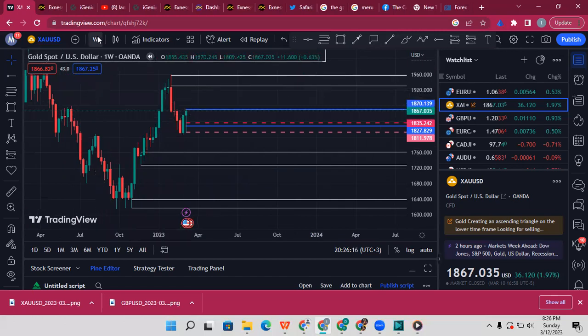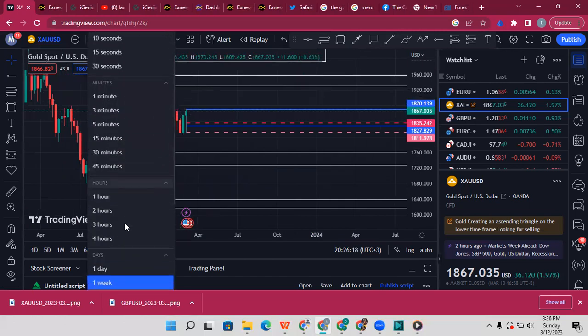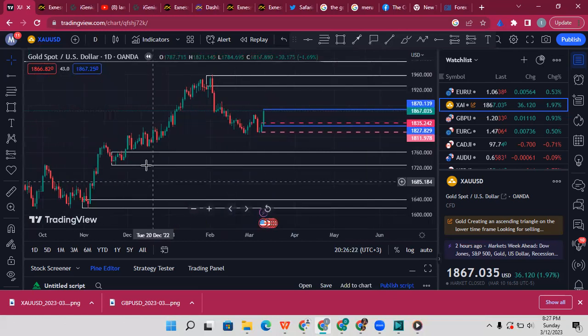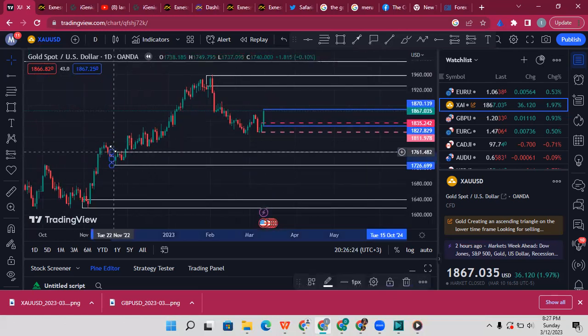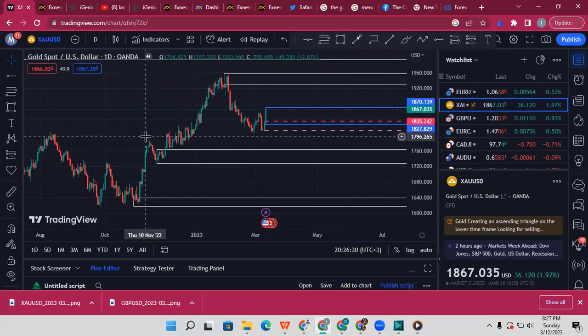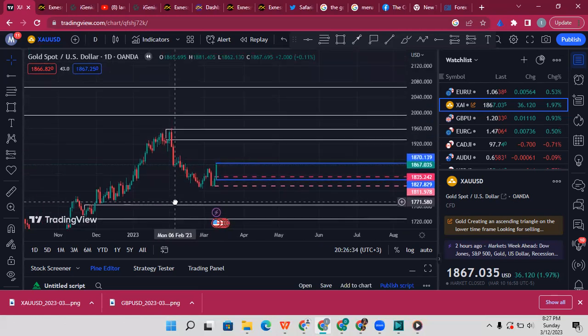Okay, so after that, let's jump in. I'll start moving into the lower time frames, like for example the daily time frame. You can see how this is playing along very perfectly. This was a demand zone, pushed price up, perfectly. So that is my key area, and this also is my key area here.